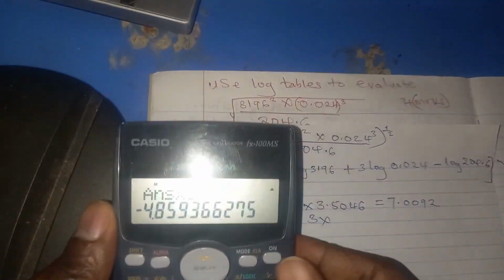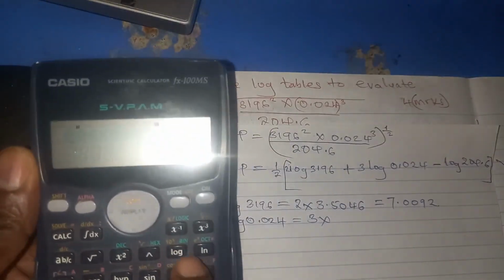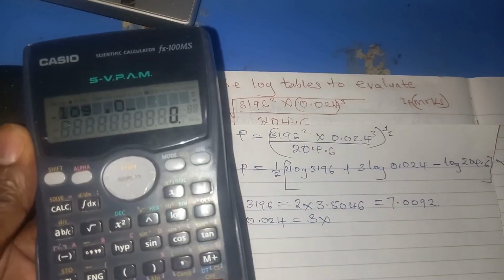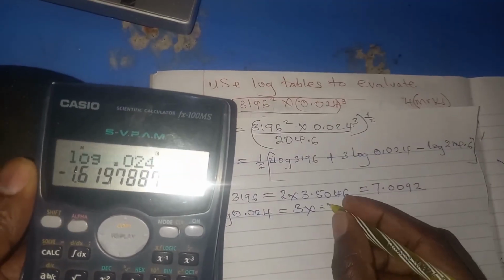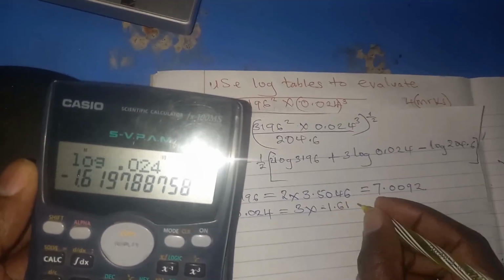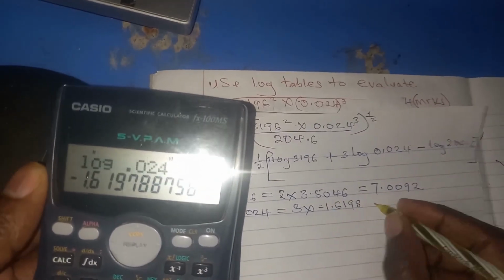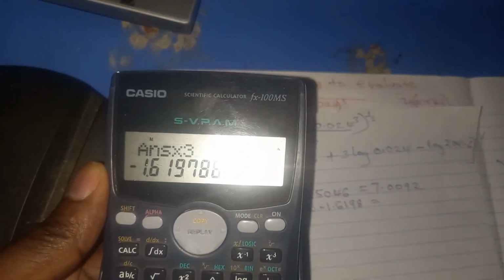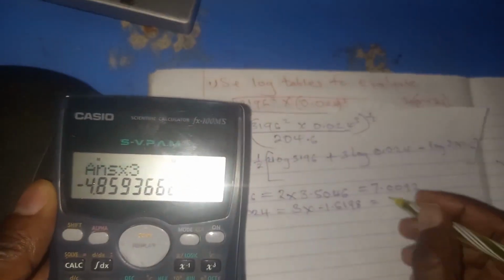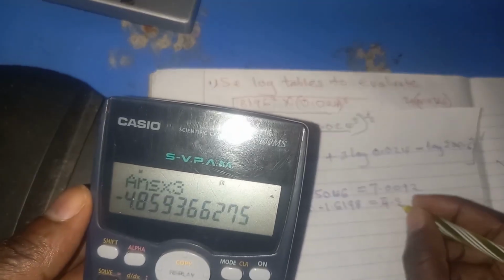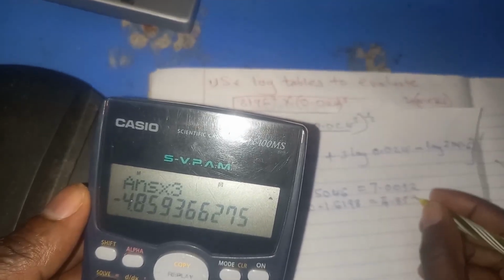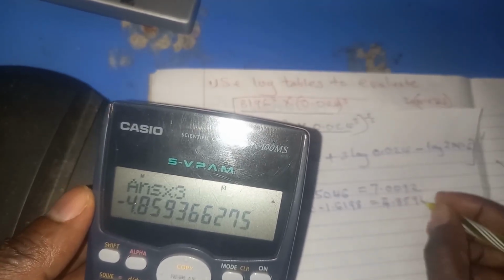Okay, I can just repeat. That is log 0.024. It is negative 1.6198. Then I multiply by 3 to give me negative 4.8594.